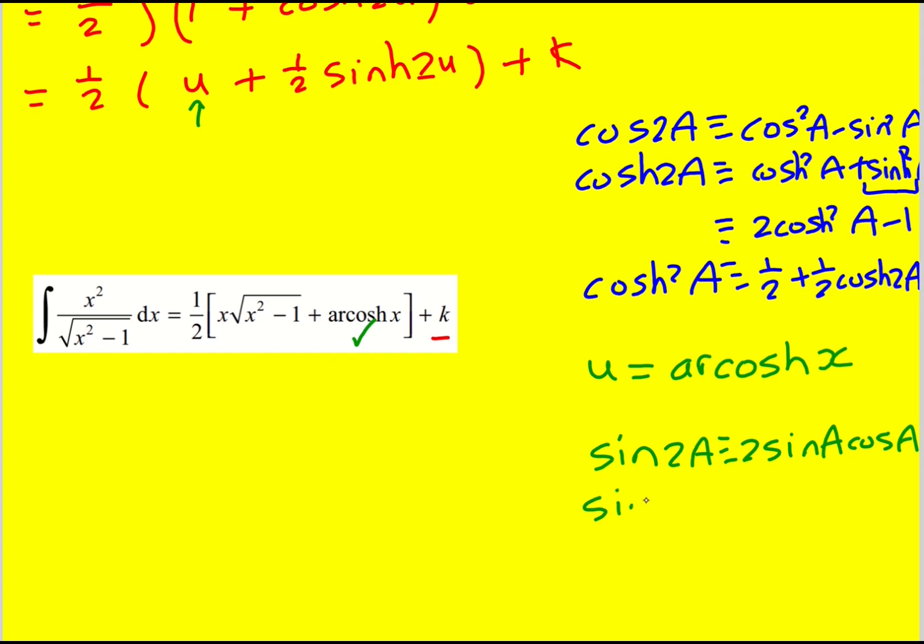Now this time for hyperbolic, there's no Osborn's rule because it's not the product of two sine functions. So sinh 2A is the same sort of thing.